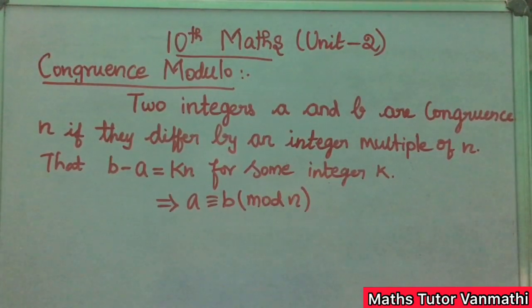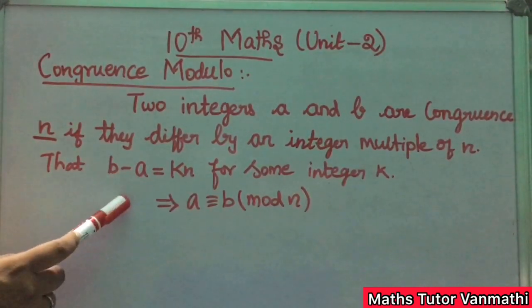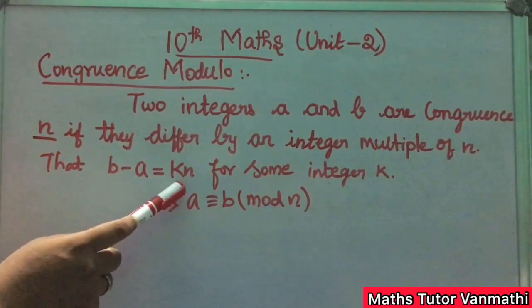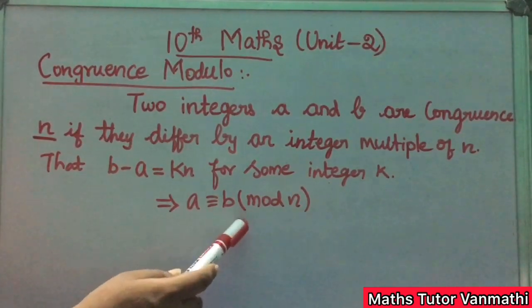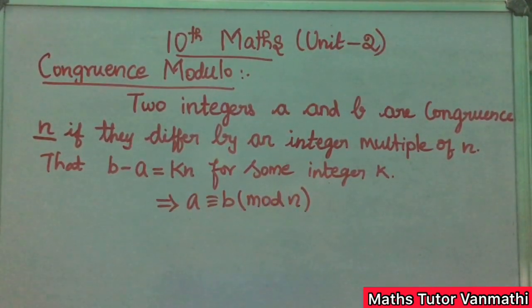Taking two integers a and b, they are congruent modulo n, where n is the modulus, if they differ by an integer multiple of n, that is b minus a is equal to kn for some integer k, which implies a is congruent to b mod n. Here a and b are two integers, and n is your modulus.